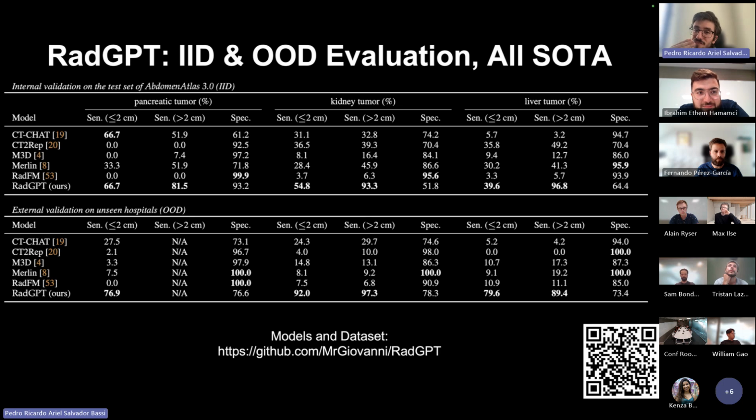But keep in mind, this is a very difficult task because we are asking a large vision language model to analyze a CT scan and find a small tumor. The tumor is a really small thing inside the CT scan, and segmentation is really good at that, but large VLMs are not.